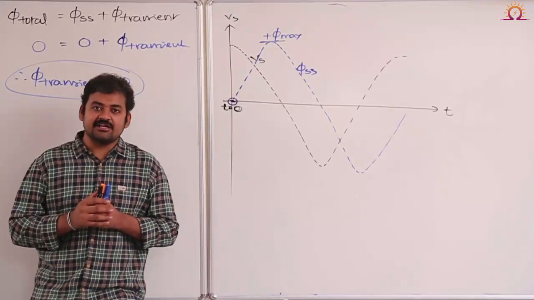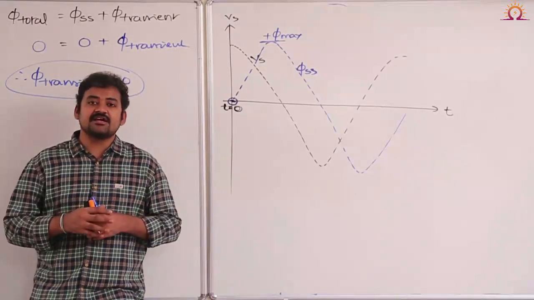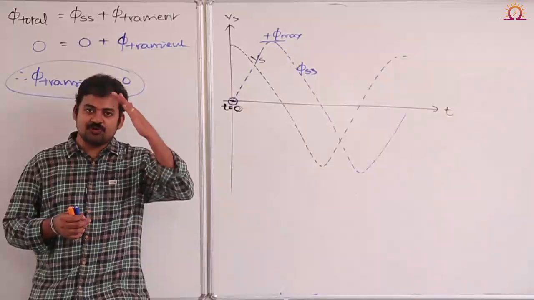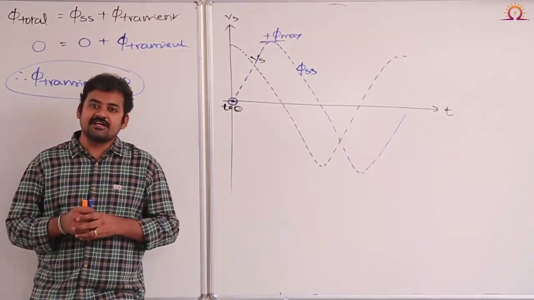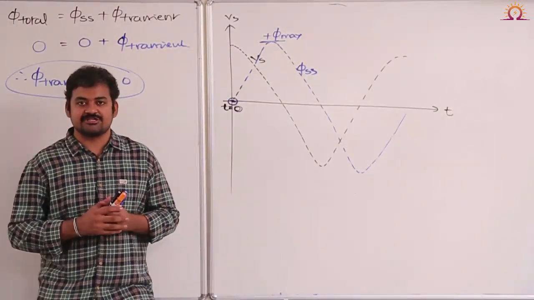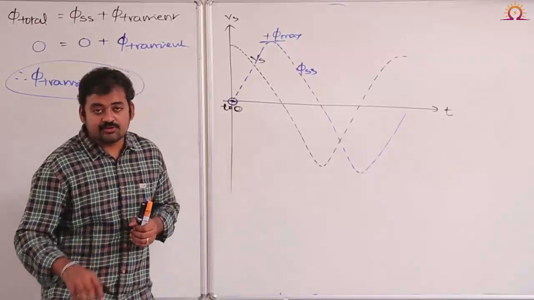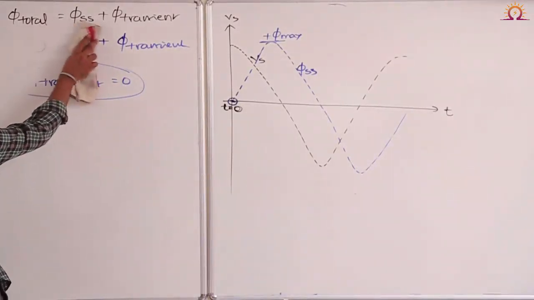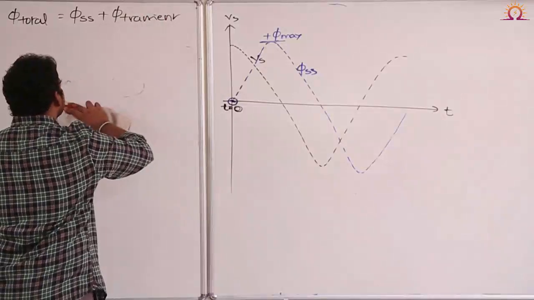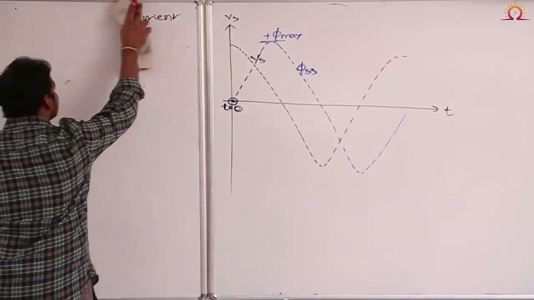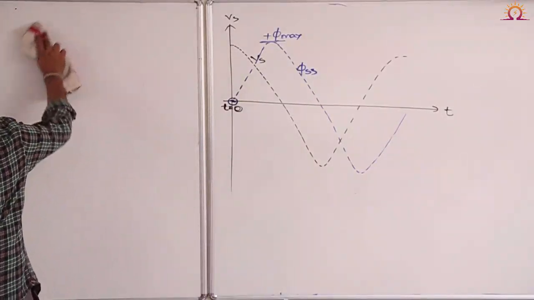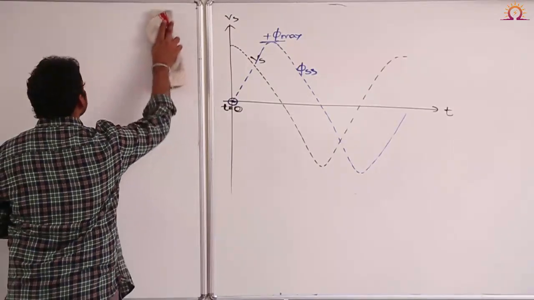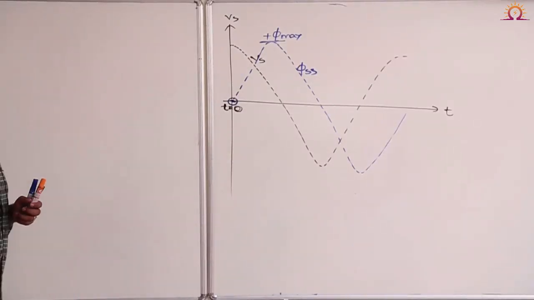If it is a practical transformer, that transient current component will be exponentially decaying and it will die out after 5 time constants. Therefore, let me try to draw the shape of the magnetizing current if the transient current component is available. When inrush currents are going to be produced, when we try to switch on the transformer at an instant where the voltage is crossing its 0 value.